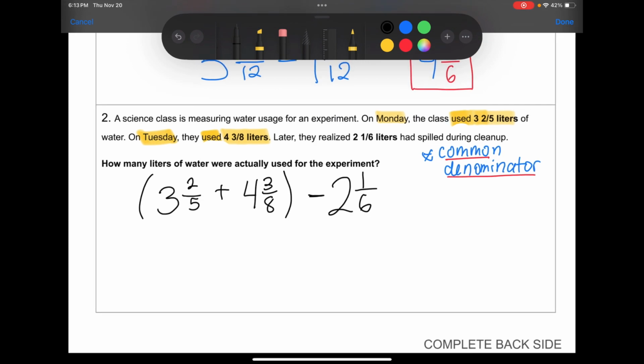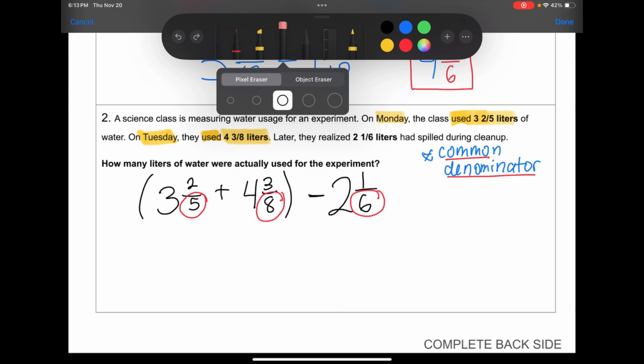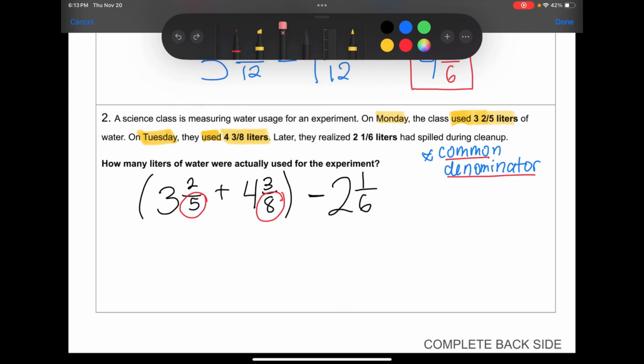This time I have 5, 8, and 6. We can keep it simple and ignore 6 for now. Instead of finding a common denominator for 3 different numbers, let's just focus on 5 and 8.